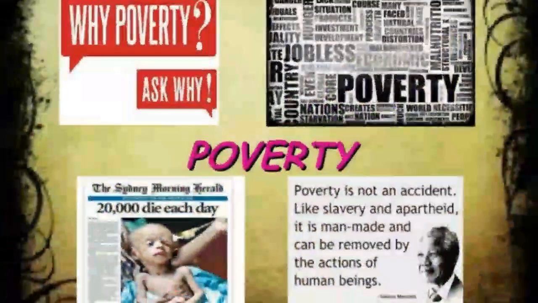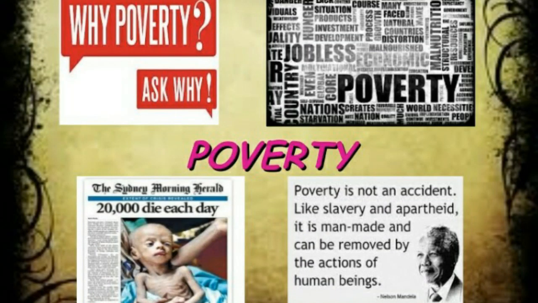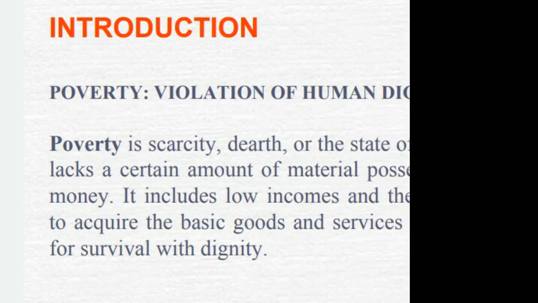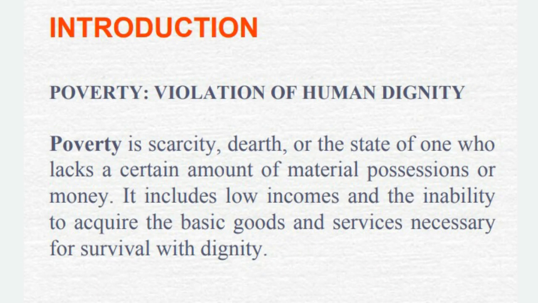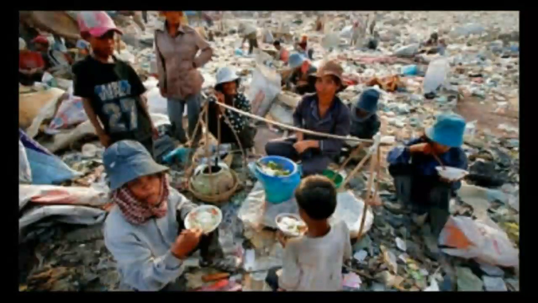So let's start with the term: what is poverty? A situation where a section of society is unable to secure the minimum consumption requirements of life, health, and efficiency. Or, in simple terms, we can also say poverty is defined as a situation of lack of income to acquire minimum necessities of life.